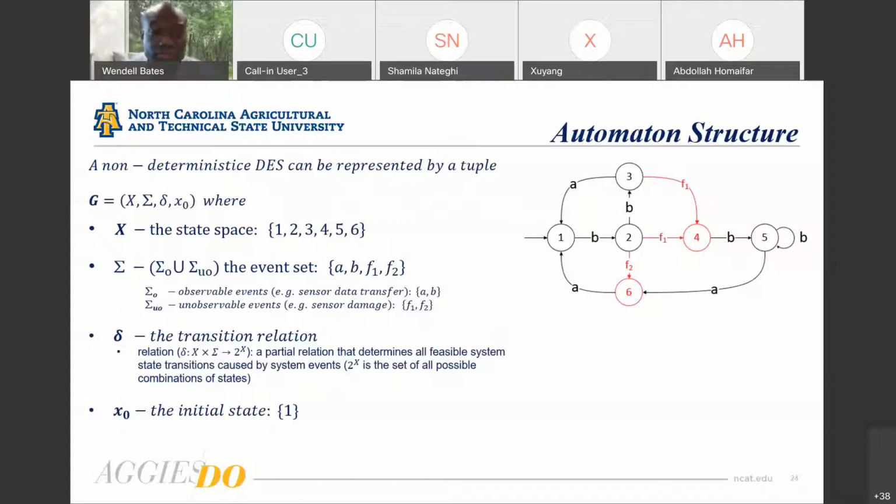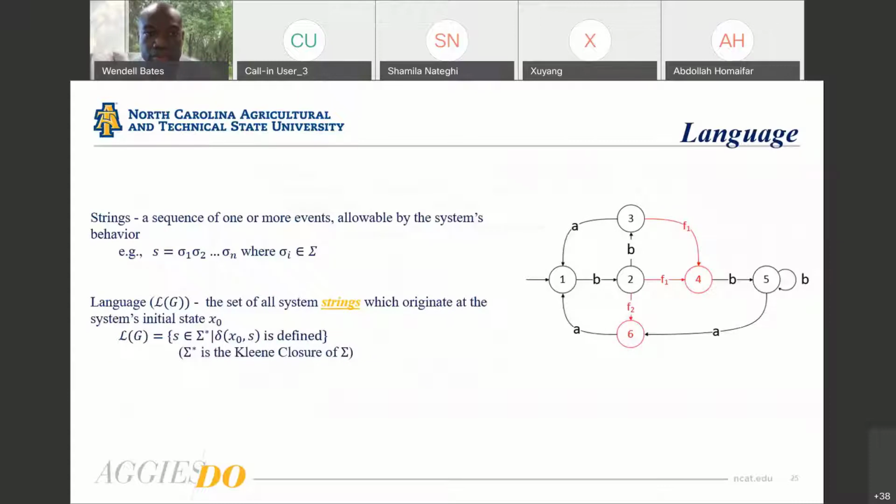Faults are considered unobservable events. Then you have the transition relation as well as X naught, which is the initial state. You also have strings, which are sequences of one or more events allowed by the system's behavior. And the language is the set of all system strings which originate from the system's initial state, X naught.